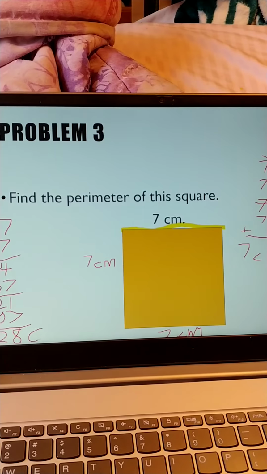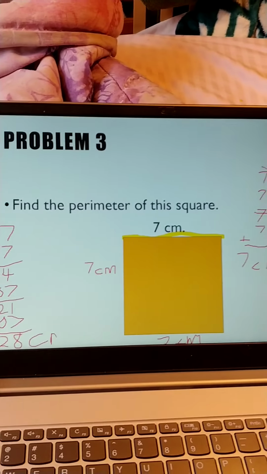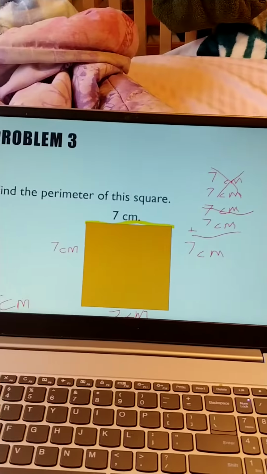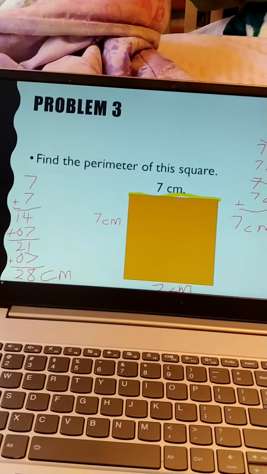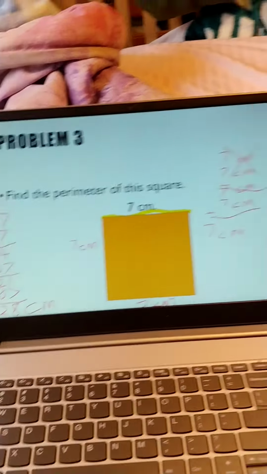All right. It's a little big this time. All right. So that's it for my demonstration on how you're supposed to do these problems. I hope this helps, and I hope you all do your best.